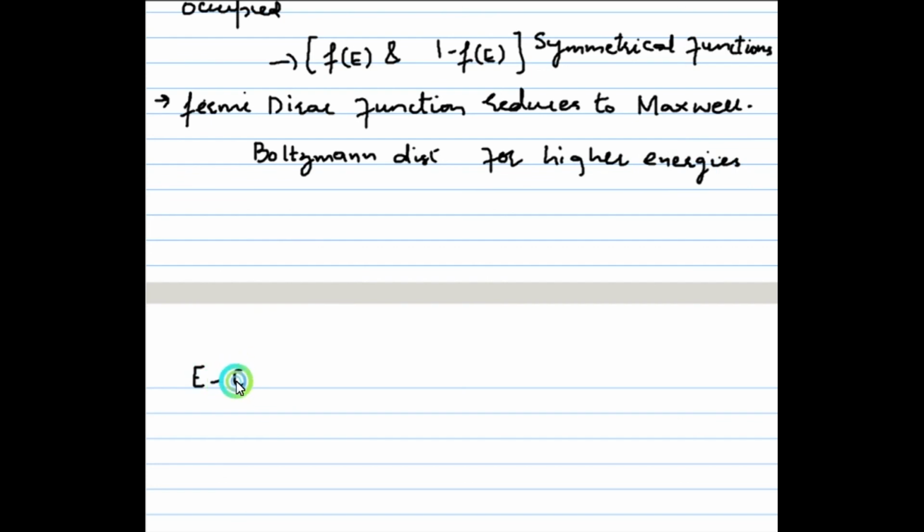If E minus EF becomes much greater than KT in f of E, then f of E comes out to be 1 upon 1 plus exponential of a very large number.